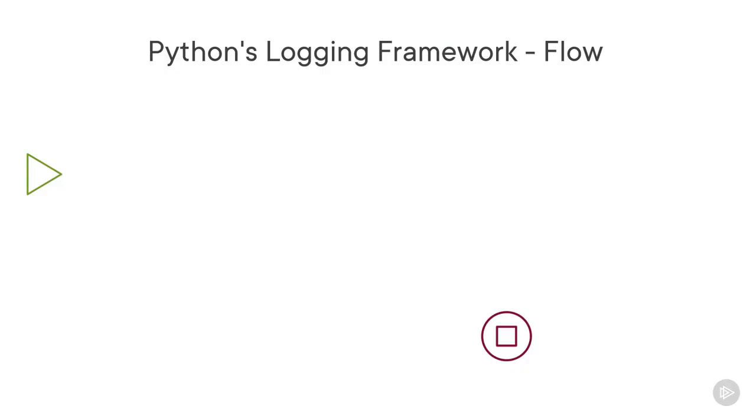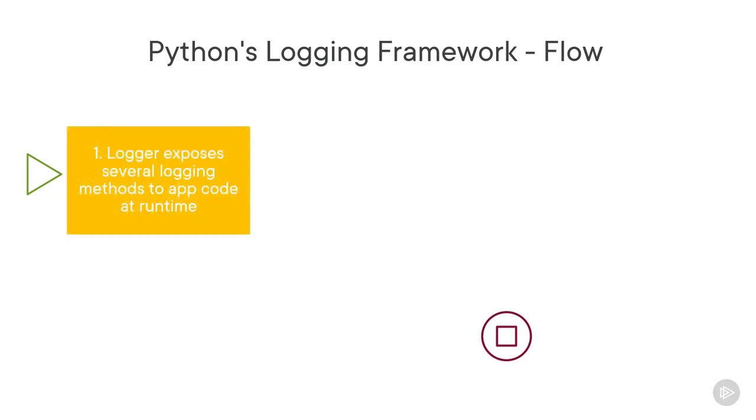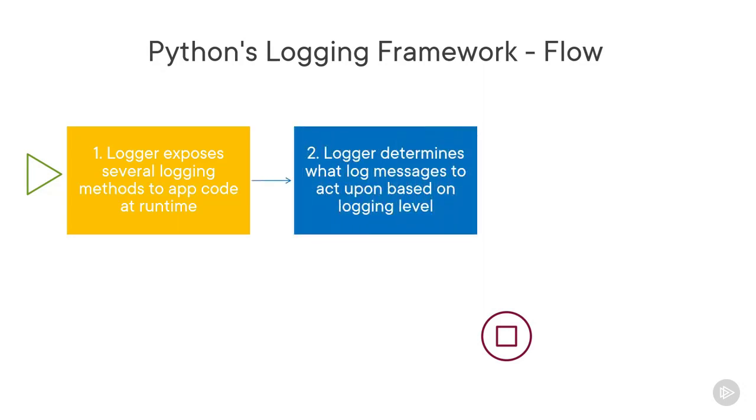Now let's look at Python's logging framework flow. So first off, the logger exposes several logging methods to app code at runtime. And so you need to have the right logging method, right? When you're running a script or even running logging as a part of an application. And number two, the logger determines what log messages to act upon based on the logging level.